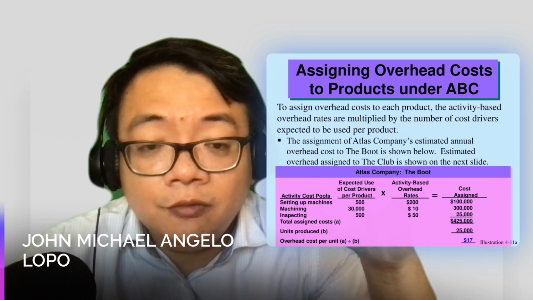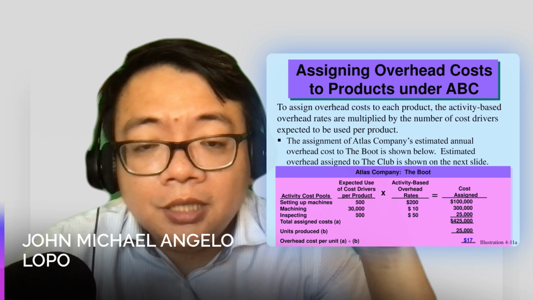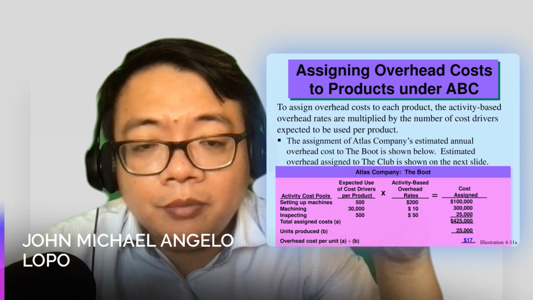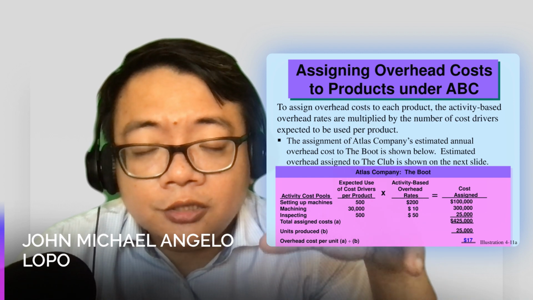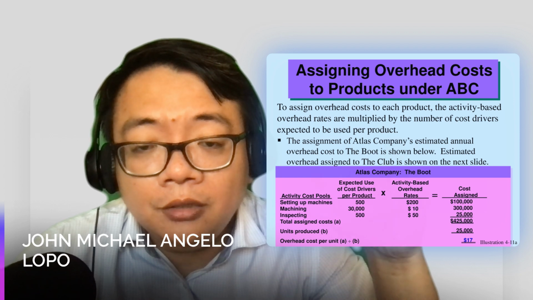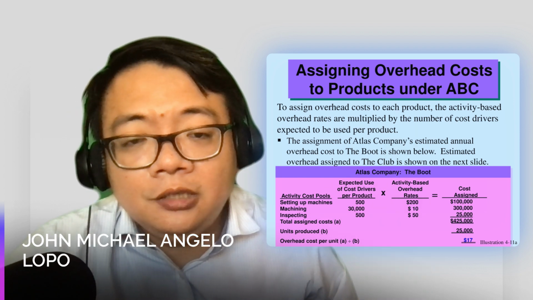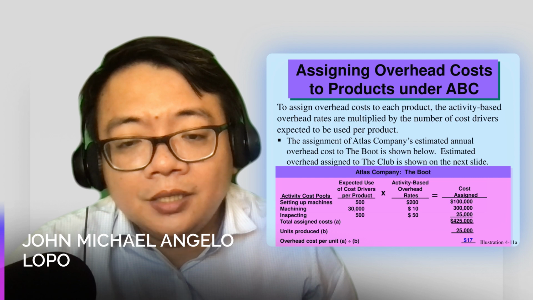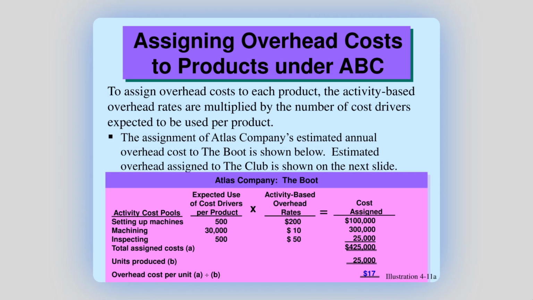Ito class is based on activity-based rate. Okay? So, meaning class 500 to be multiplied by the cost driver is 500 actual or expected to be multiplied by the activity-based rate. Meaning class in the cost assigned, so 500 to be multiplied by 200 pesos, yun yung kanina ha. Then you have 30,000 to be multiplied by 10, and you have 500 to be multiplied by 50.